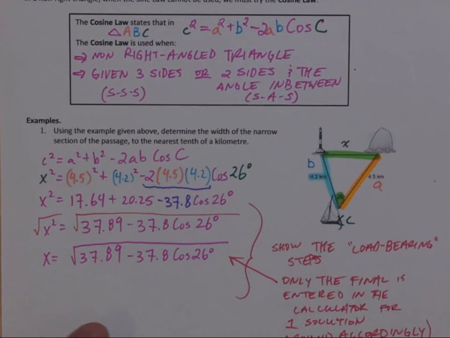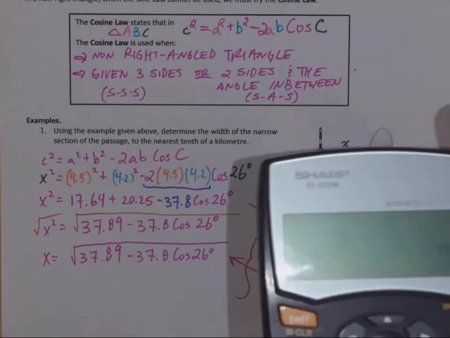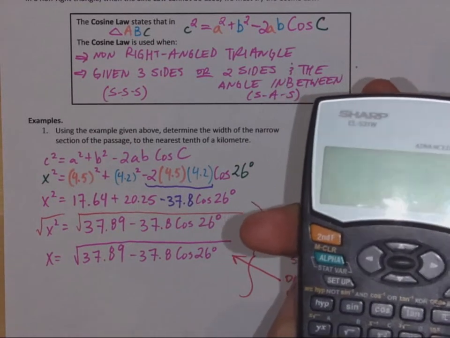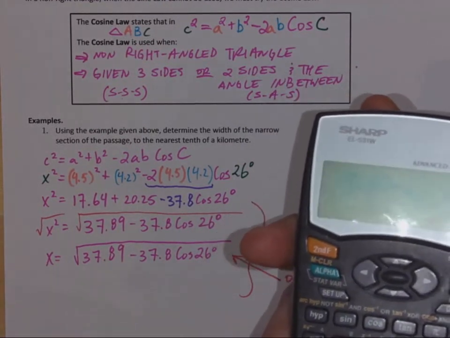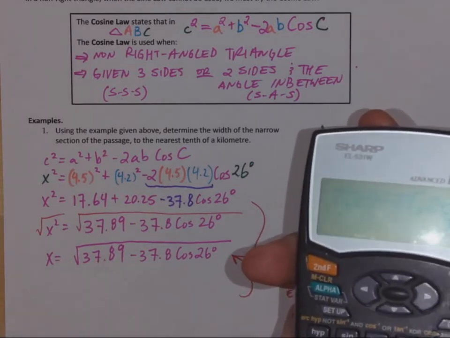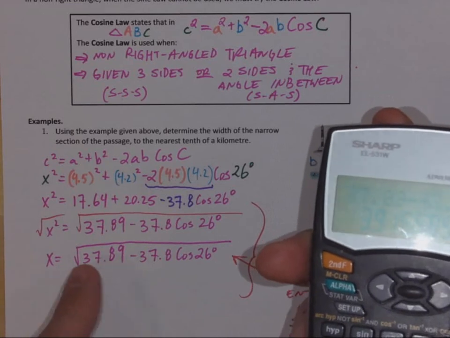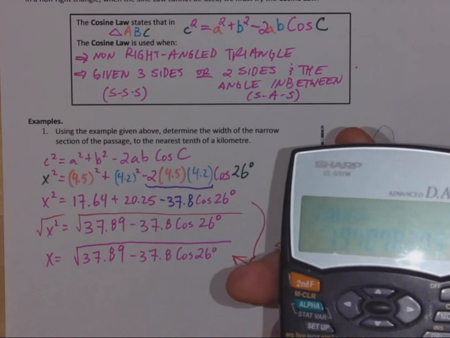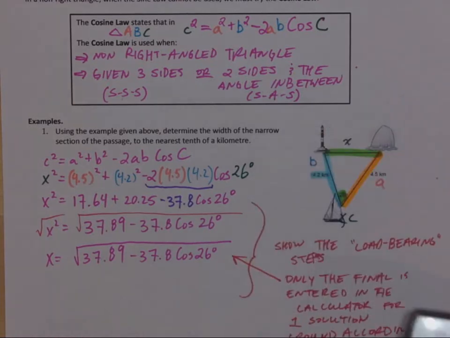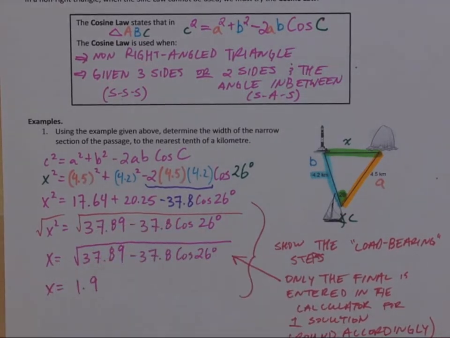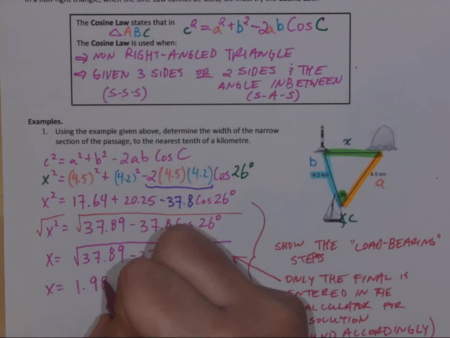So to enter that in the calculator, with my scientific calculator, I can go 37.89 minus 37.8 cosine 26 degrees. It's going to do it all in order. And now I want to take the square root. I hit the square root button, equals, and I have 1.978... I round to 1.98.